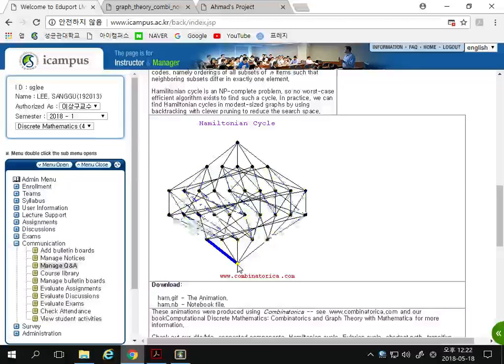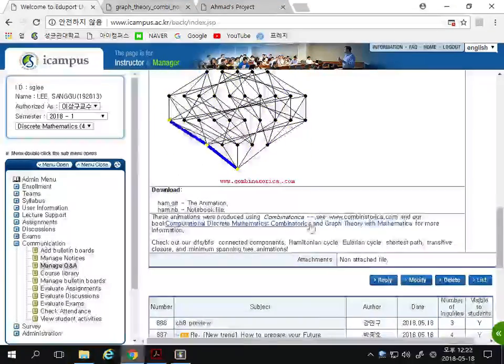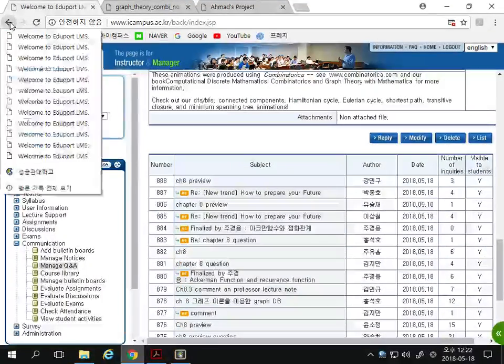Gray code is one way to generate those paths, which we will study next week. So today we will cover the first two sections of chapter 8.